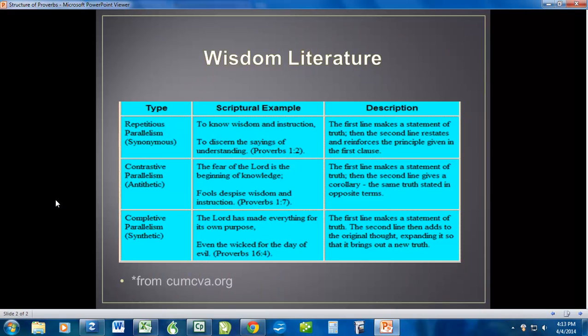And so in this one, he's saying the fear of the Lord is the beginning of knowledge. And in the second line, fools despise wisdom and instruction, right? So they're giving you, on the one hand, how to be knowledgeable and get on the path of wisdom, right? And then the other one explains what the foolish person does, right? And so you got two ends of the spectrum here, and so it's antithetic, right?